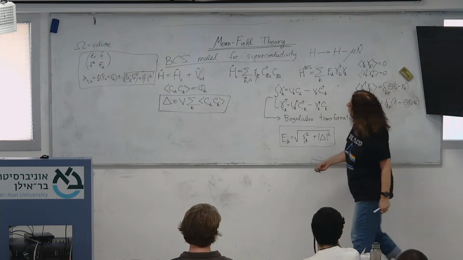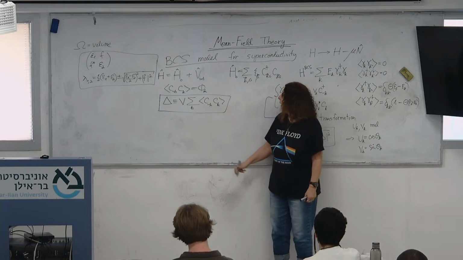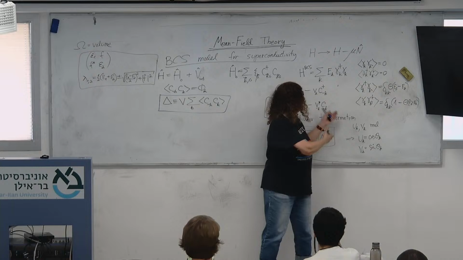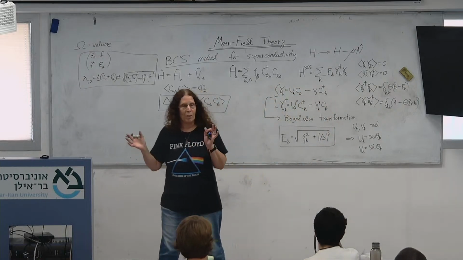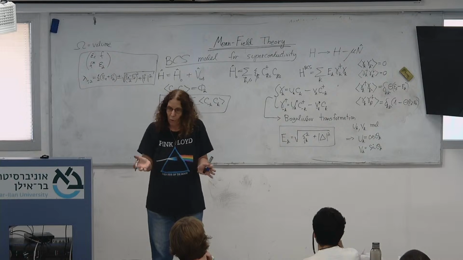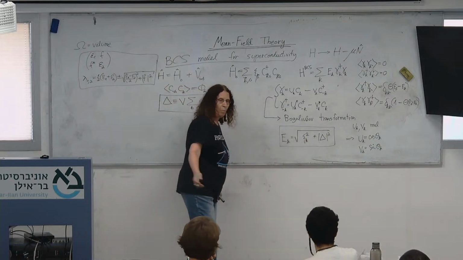I can convert the C's back to gammas and compute it explicitly just from the definition, and I will get something. This something will be a function of delta. Okay? You agree? Because I told you all the coefficients, the energies, everything depends on delta.